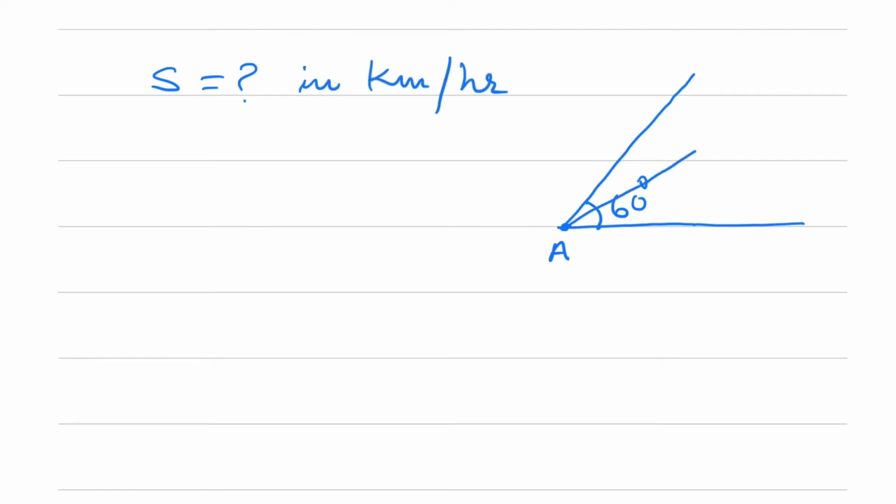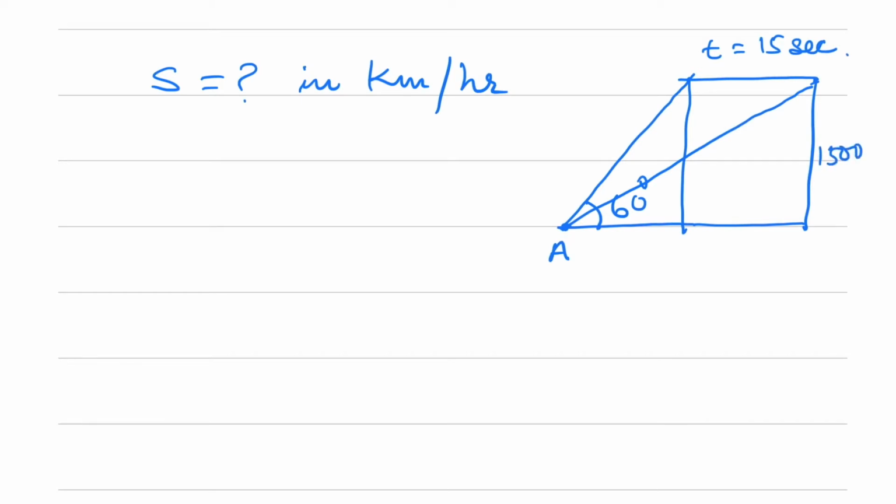So this is 30 degrees now, and time here is 15 seconds, and this height is 1500 root 3 meters. So let's name all the vertices: A, B, C, let this be D and E. So we have to basically find the distance of BC, because we know the time here and we can find out the speed with that.